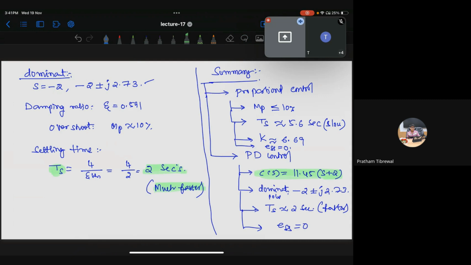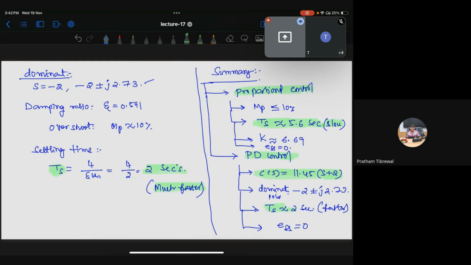This is because of the PD control. With P control alone, it meets the requirements but gives a settling time of 5.6, which is literally slow.